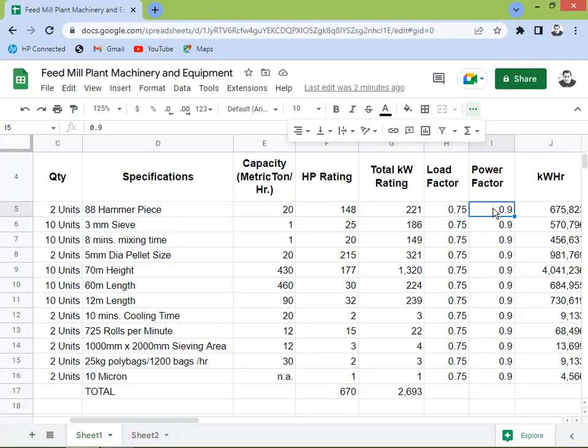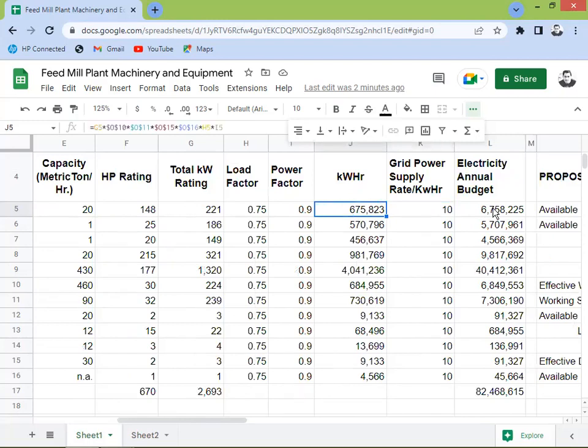And then the power factor also depends on your operation. You just have to ask the electrical engineer in your engineering department, who will be able to find out the right power factor for your operation, and then you will get the kilowatt hour.